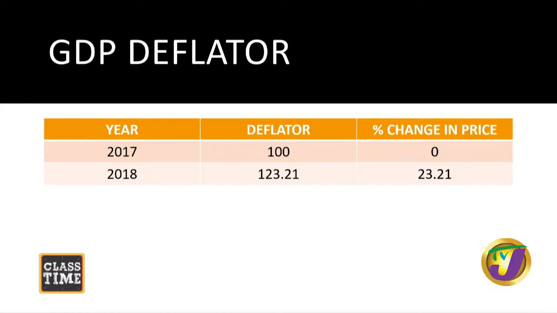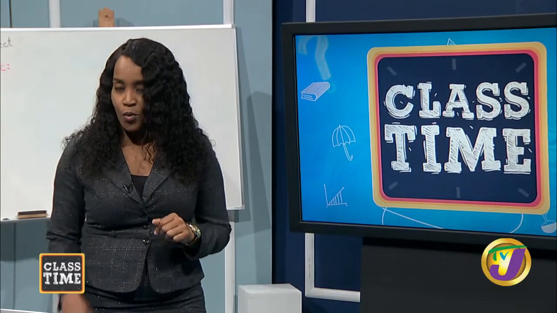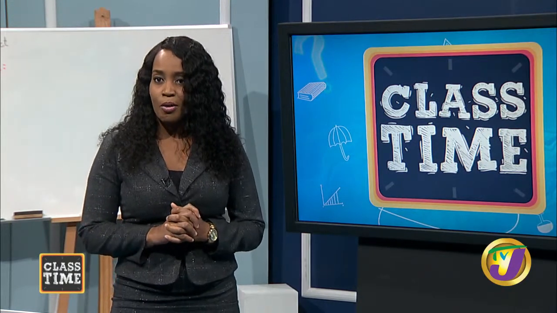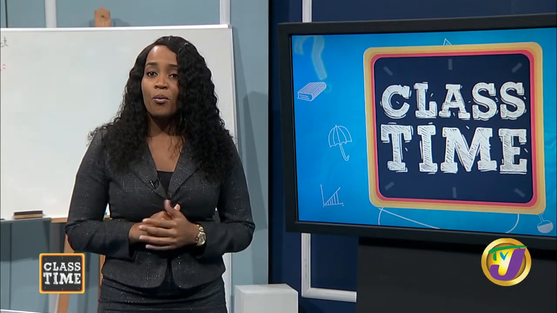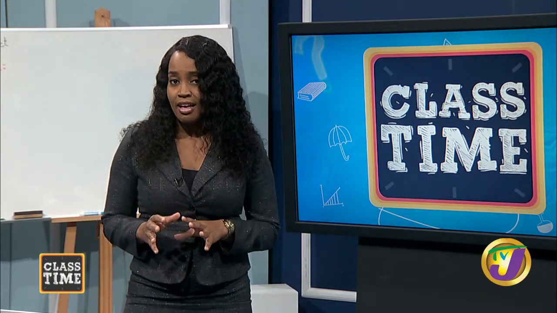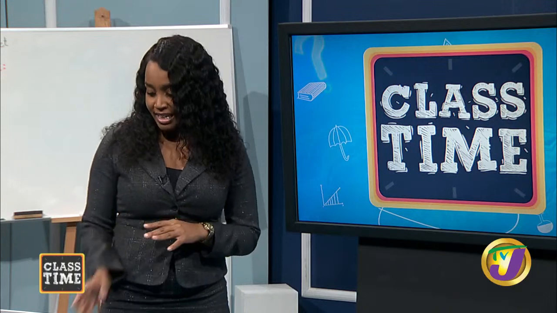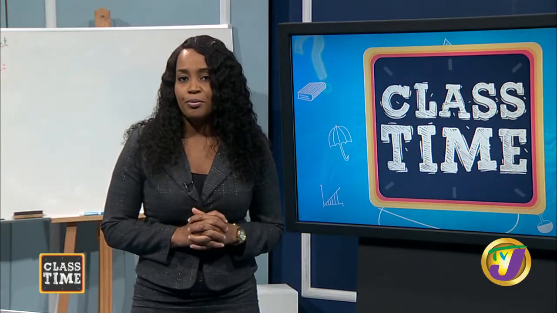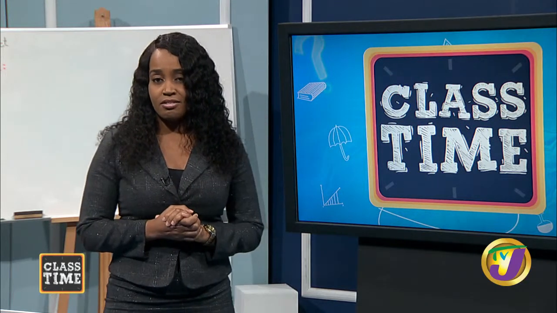So we've covered quite a bit today, and I want us to just keep in mind that we have some more to do as it relates to national income accounting. So don't forget what you have learned today when you're looking at your next topic or the next lesson. So just a quick question for you, and I want you to write these questions down.